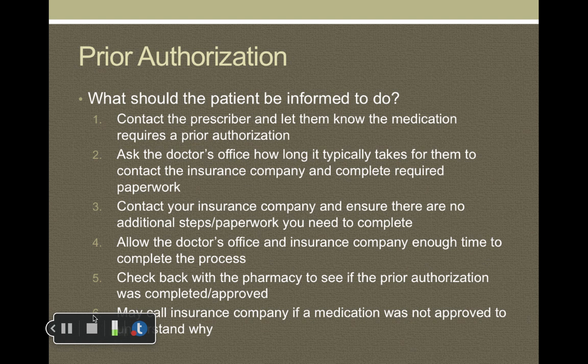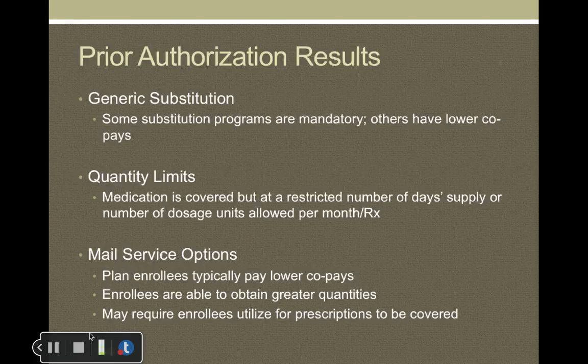And then that doctor's office is probably going to need 24 to 48 business hours as well to get their documentation to the insurance company. You want to instruct the patient to check back with the pharmacy to see if the prior authorization was completed. And if the pharmacy hasn't received updates, or the patient didn't get approved for the prior authorization, they may want to call the insurance company to understand why it was not approved.